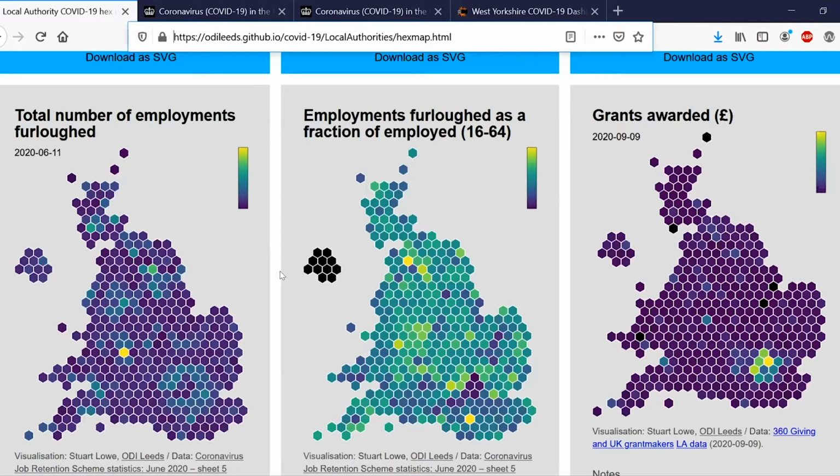So I can show where the grants that are published in a 360 Giving format are being awarded to. That doesn't necessarily tell you where grants are being spent or where all grants are being awarded, but it tells you where the ones that are published in the open standard are being received.